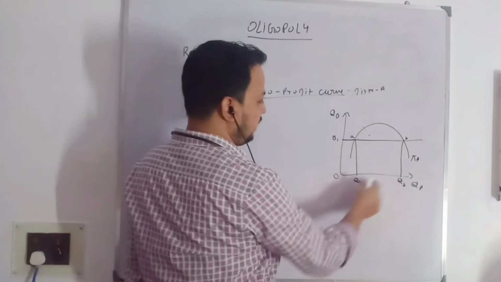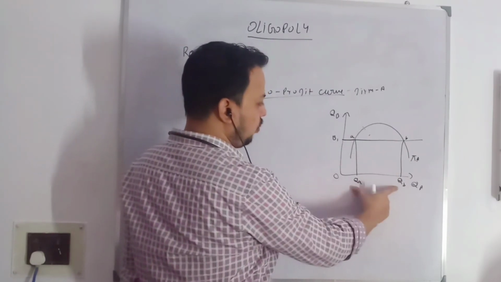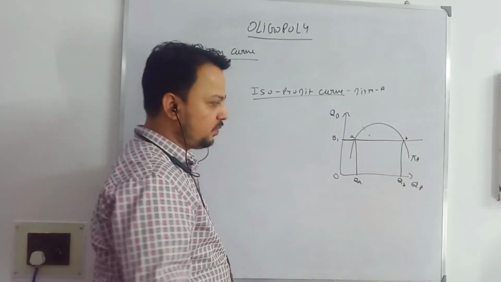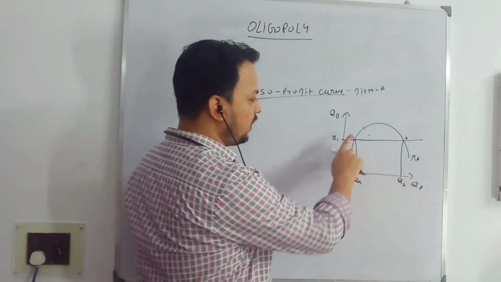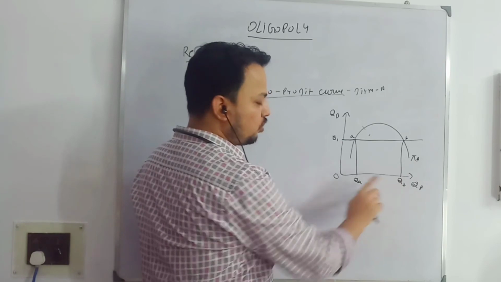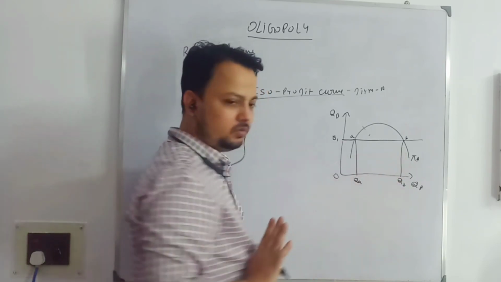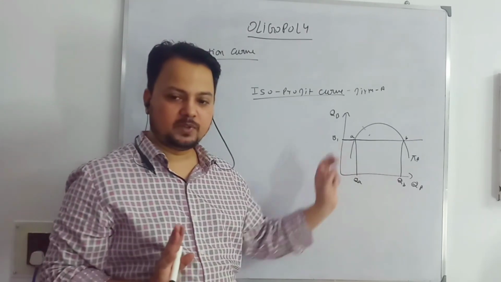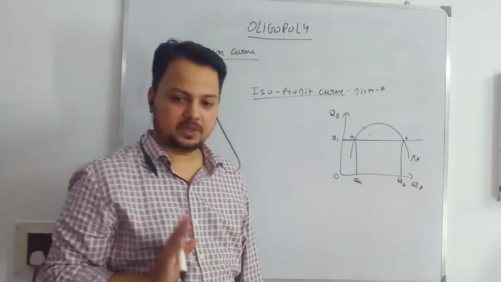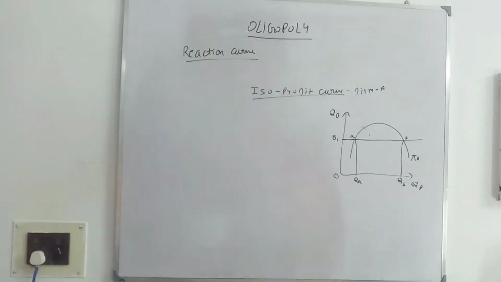When you draw a parallel line, you will get output level OQA or OQB. So if firm A decides to produce OQA output, profit will be the same pi A, or OQB, profit will be the same pi A. So the firm can choose any of these outputs to produce, and profit will remain the same for the given output level of firm B.